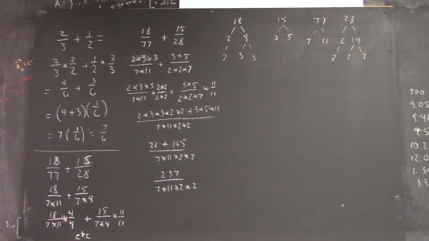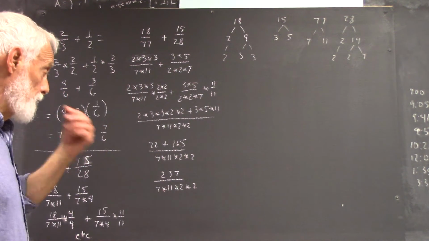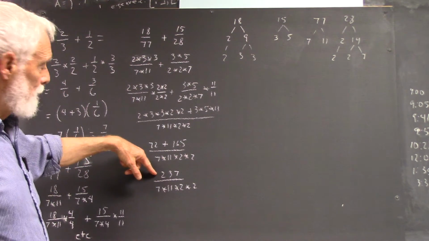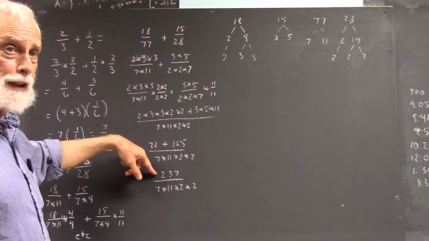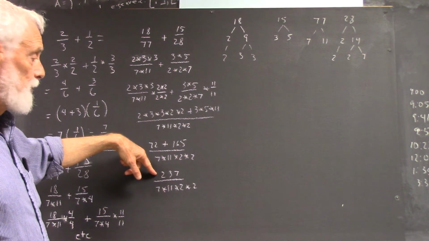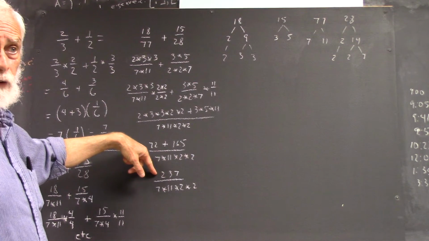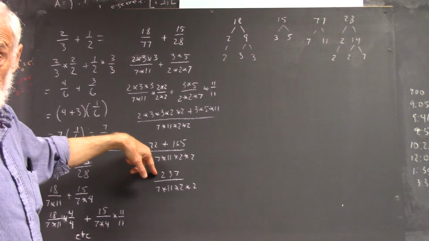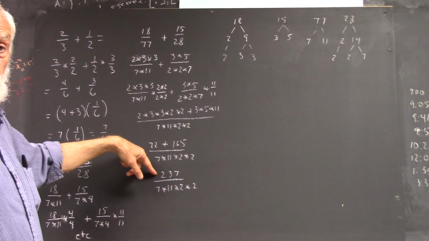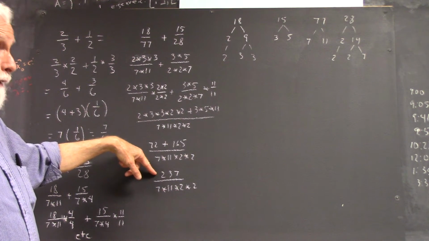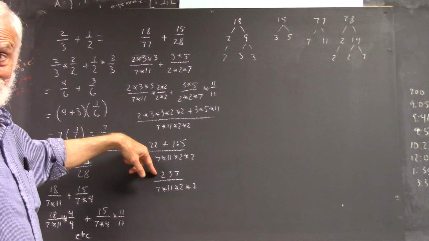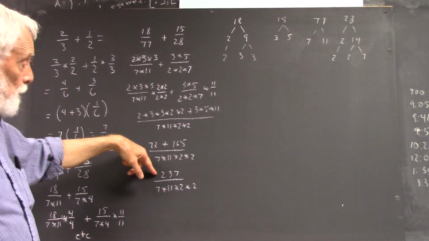Now you can check my arithmetic. That's easy enough. And maybe I made a mistake, so do check my arithmetic. But now let's factor this 237. Will 2 go into 237? Well, obviously not, right? Will 3 go into 237? You should not need your calculator to do this. First, there's a rule: add up the digits.